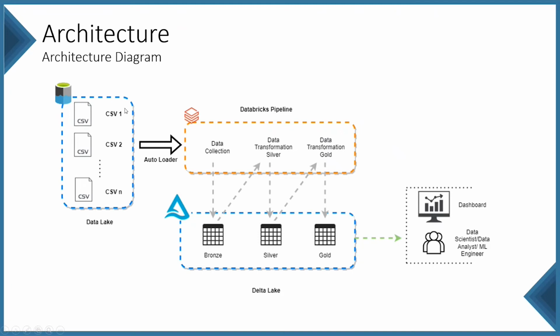So our first notebook, which is data collection, can be treated as a bronze level notebook. Bronze, silver, gold is nothing but a fancy name for the archived and refined data. Bronze is lowly refined data, silver is further refined, and gold is fully refined data.